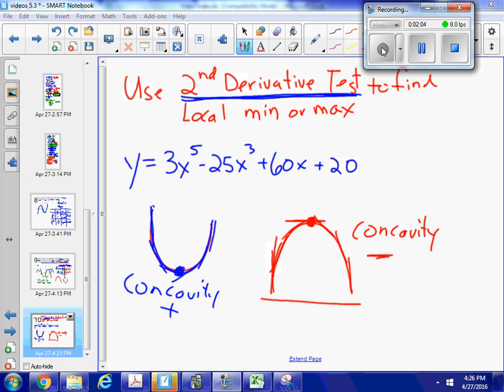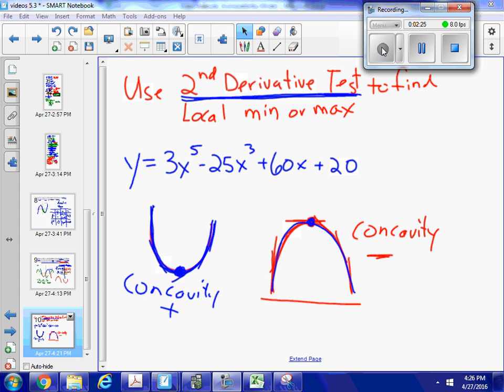So concavity positive at the local extrema, up like a cup, means a local minimum. If the concavity is down like a frown, at that point right there, I've got to have a local maximum.